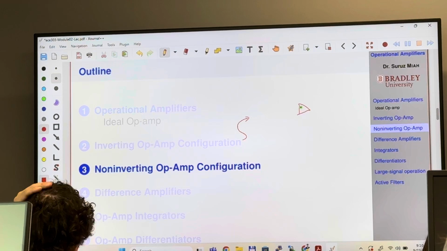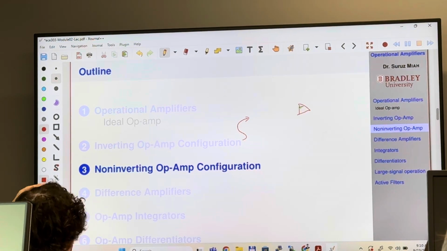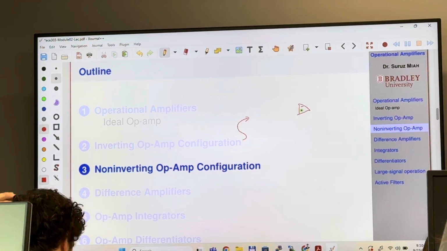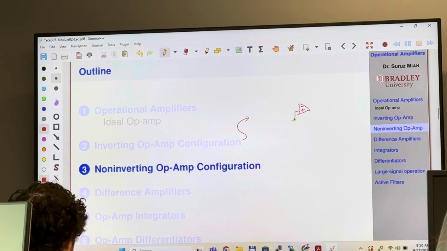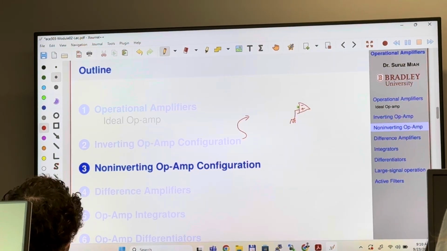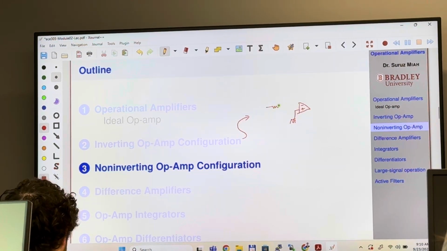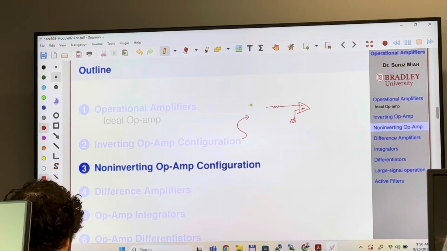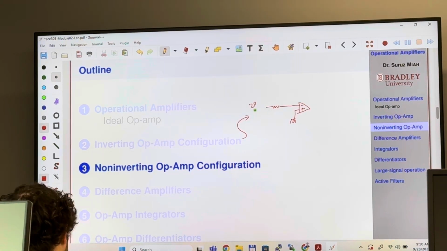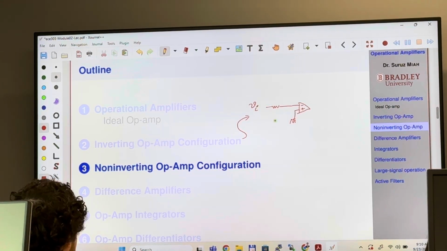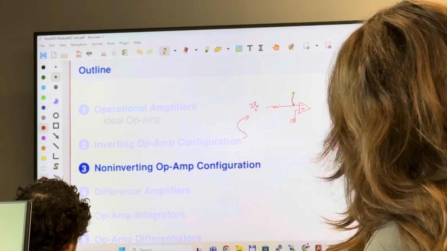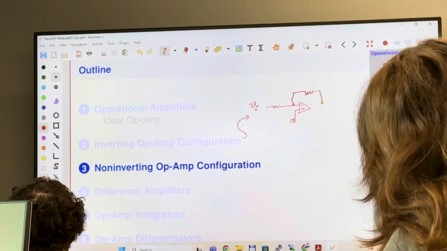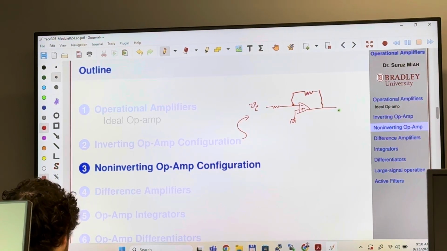So we had an op-amp. This is the inverting terminal, this is the non-inverting terminal. The non-inverting terminal was connected to ground, and the inverting terminal was connected to a resistor. And if we have input Vi, the output is going to be taken from the output terminal.